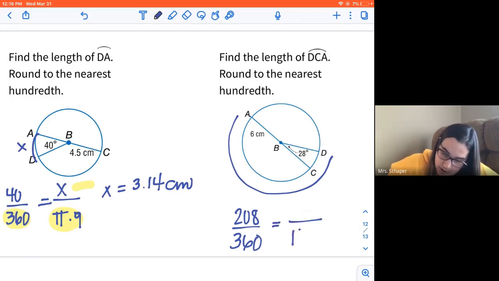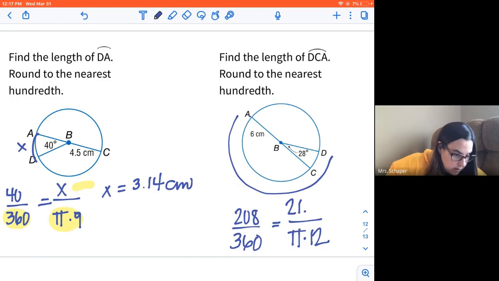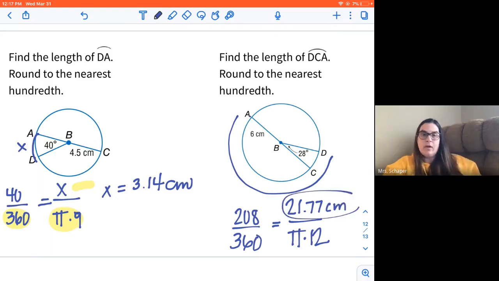And then this is pi times 12 because that's the total circumference. So 208 times 3.14 times 12 divided by 360 gives me 21.77 centimeters. All right, so time for you to get started on your work.